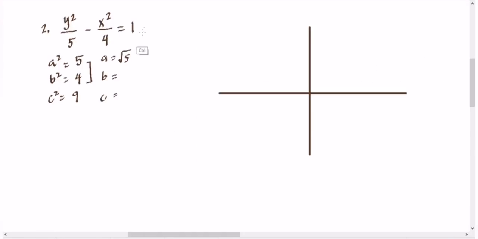So, lagyan natin dito ay 2.2. Then, yung b naman natin, square root ng 4, that is 2. Right? Then, square root ng 9, that is 3. So, meron tayo. Let's find out the center. The center here is again 0, 0.